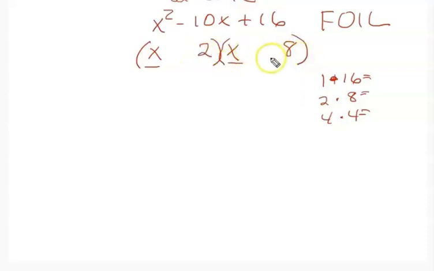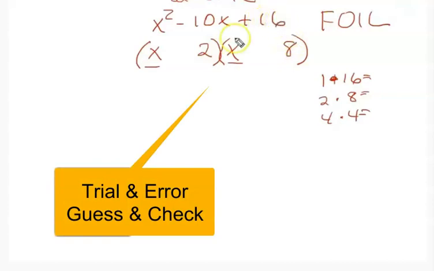Now, we look then at the sign of our b term. It's negative, but the sign of our c term is positive. How do we get this to become positive and yet add up when we do our outers and inners to a negative 10? Well, in order for this to be positive, both of these signs have to be the same.